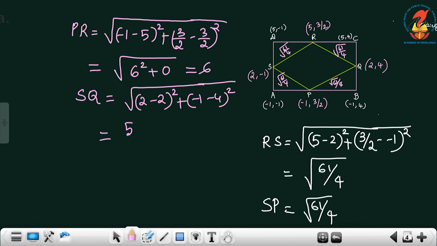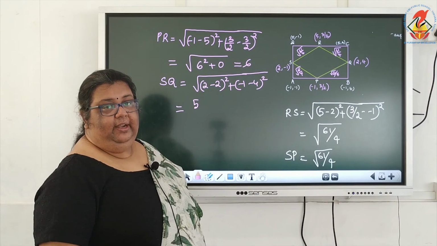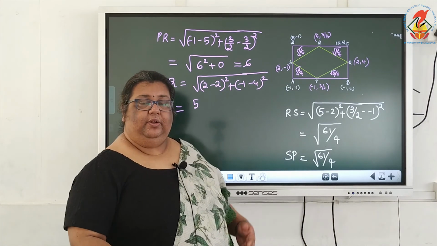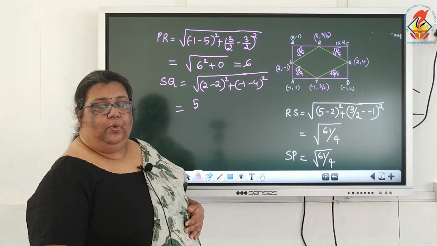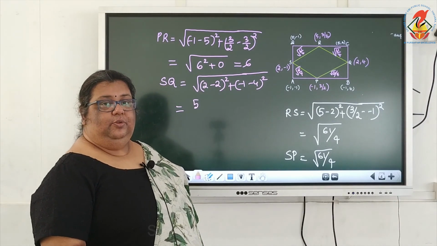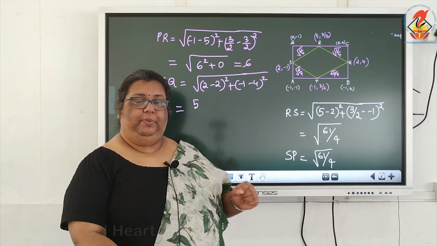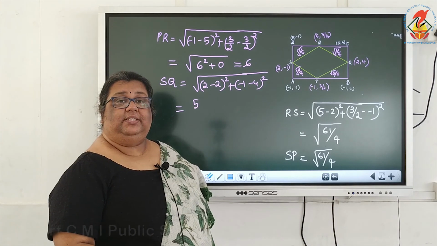So what was the question? There was a rectangle. Midpoints P, Q, R, S were given. We were supposed to find whether PQRS is a square or a rectangle or a rhombus. So first we need to find the coordinates of PQRS. Those were the midpoints. With the help of the midpoint formula, we found P, Q, R and S. Then we need to find the length of the sides.